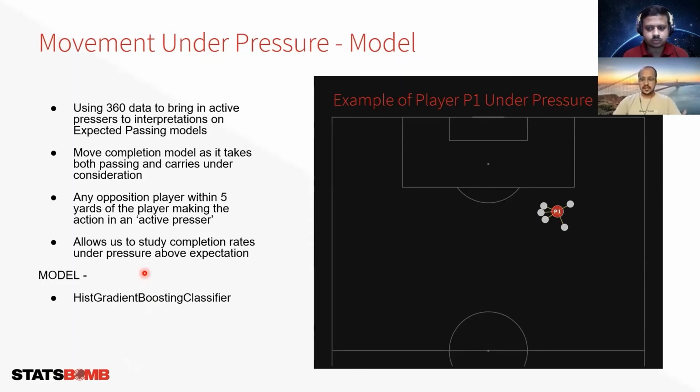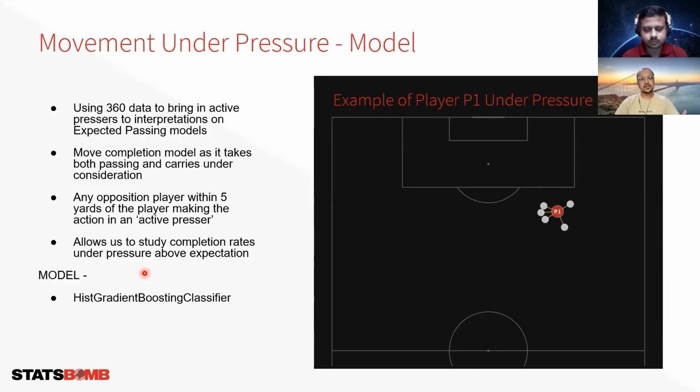The next thing that we've included is a lot of the granular data that is available in the StatsBomb event data, like pass height, the type of pass, whether the pass was a switch, whether the pass was an assist, etc. And we've also enhanced the data set by adding 360 data, where we've taken the number of active pressors on the player performing the action.